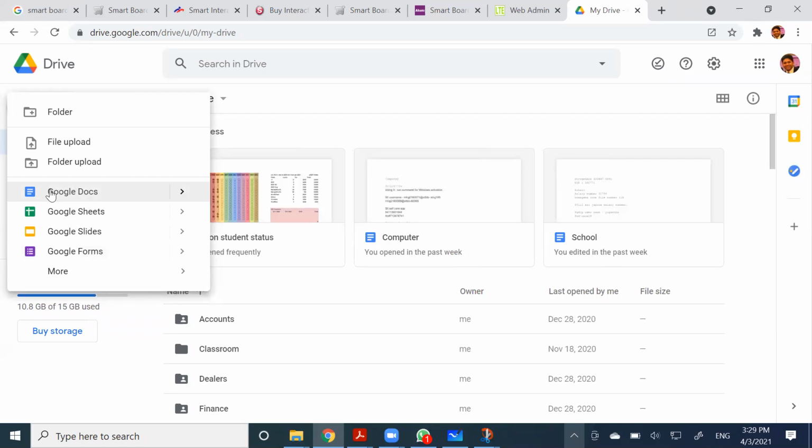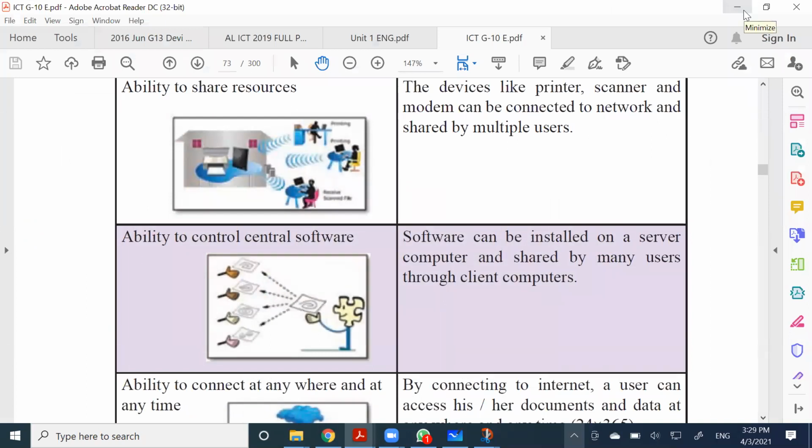Anyone who has this facility will be able to use this. This Google Docs application is installed in a Google server somewhere in America, or somewhere inside a Google server. So everyone is having a copy of it. And the beauty of it is I can do my own work in Google Docs while you are doing your own work in your Google Docs. It's the same application used by several people for several purposes.